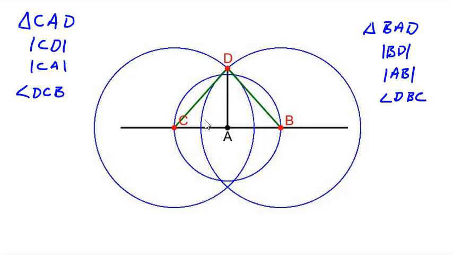And because they are congruent, that means that the angle DAC must be equal to the angle DAB. And if these 2 angles are equal, then this line AD must be perpendicular, and our proof is complete.